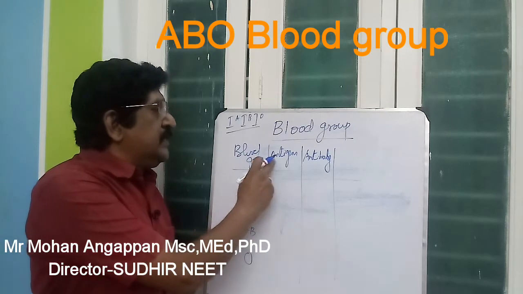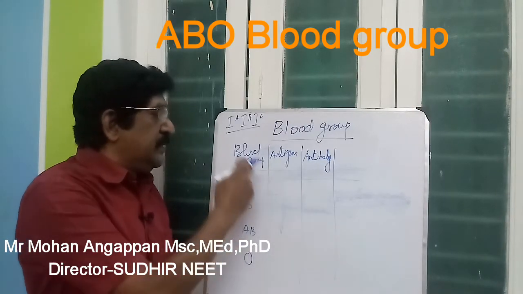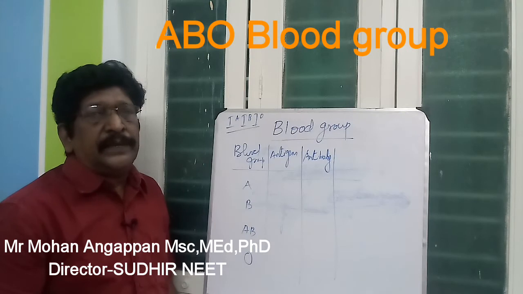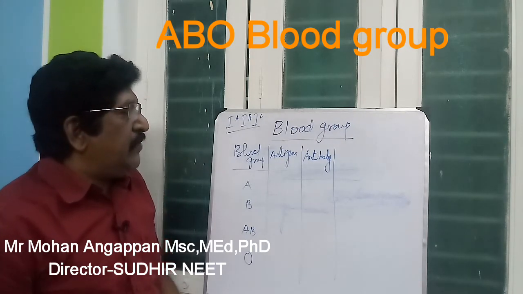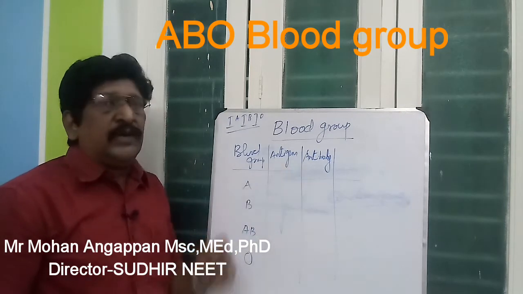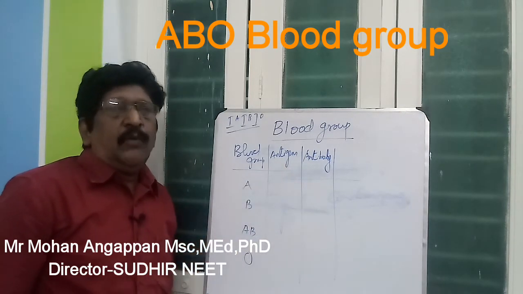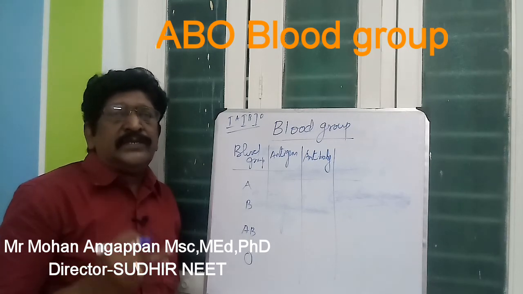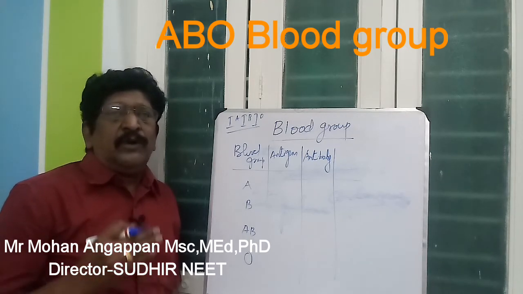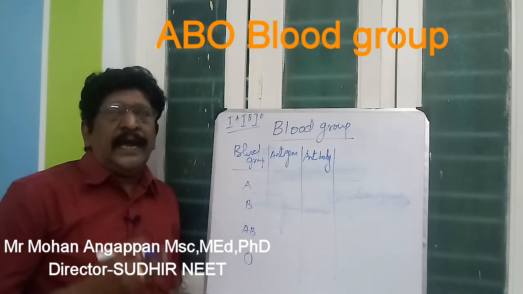Now, what are the antigens and what are the antibodies present in the blood group? Let us see. Before that, where are these antigens and antibodies present in the blood? What are the constituents of blood? You know, plasma, RBC or erythrocyte, WBC or leukocyte and platelet.